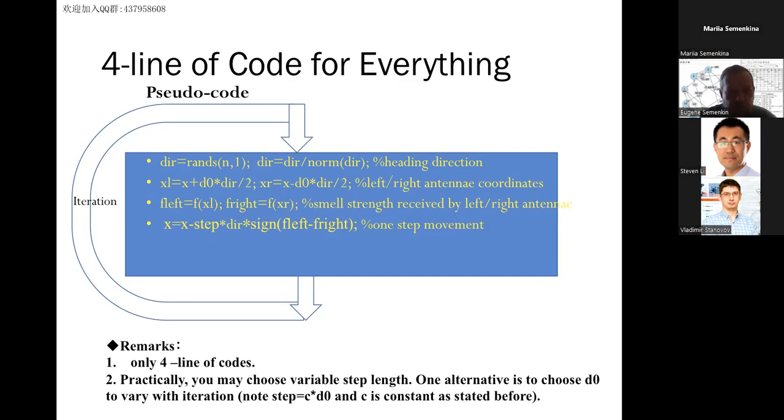Definitely I will also fall into a local optimum, but this local optimum will be at the scale of the step length. If there is a very small peak on the ground, maybe at a centimeter level, I will never fall into that kind of local optimum because my step length is at a meter level, right?